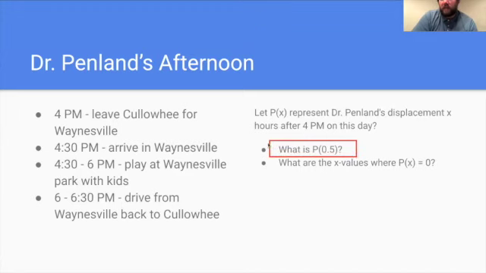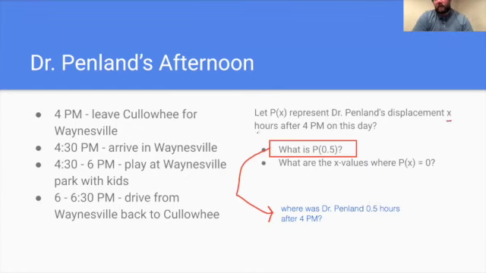What this is asking, in words, is: where was Dr. Penland 0.5 hours after 4 p.m.? Because x is 0.5, and the displacement is x hours after 4 p.m. Well, 0.5 hours after 4 p.m. is the same thing as saying 4:30 p.m. I notice I'm actually doing something bad here.